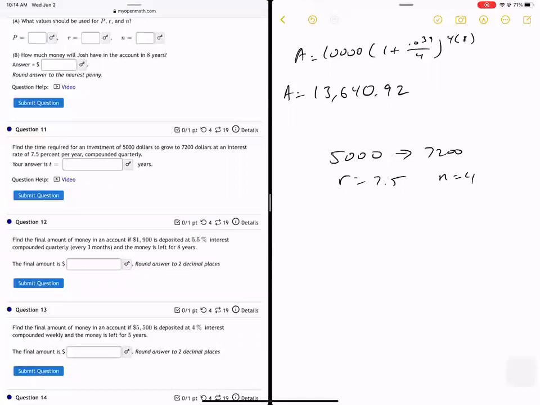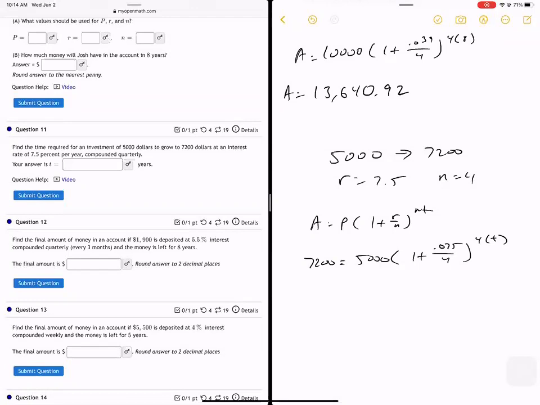So our equation is A = P(1 + r/n)^(nt). So we know our final, we know our initial, 1 plus our rate, 0.075 over 4, to the 4t.